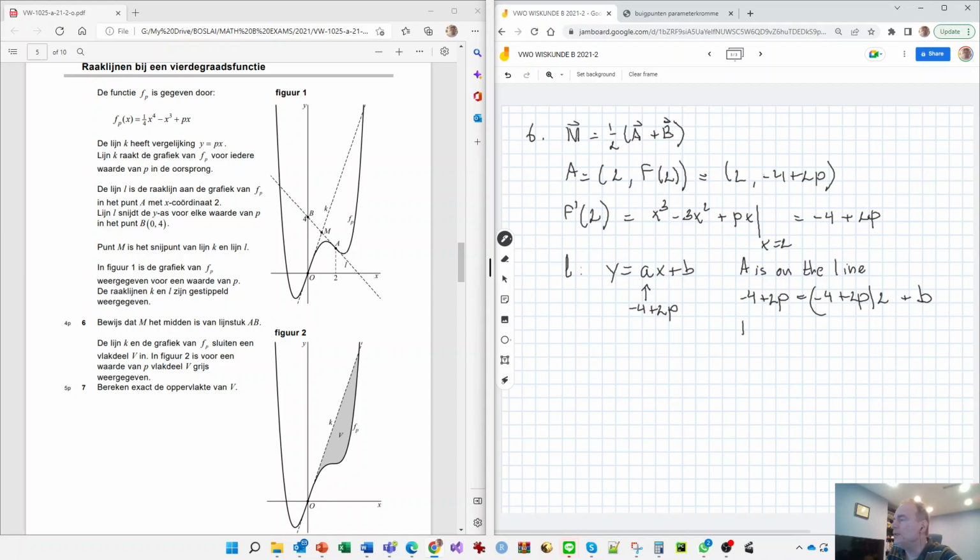So b equals, I bring this to the left, it's a minus 4 here, 2 times minus 4 is minus 8, it becomes a 4, and bring the 2p also to the left.